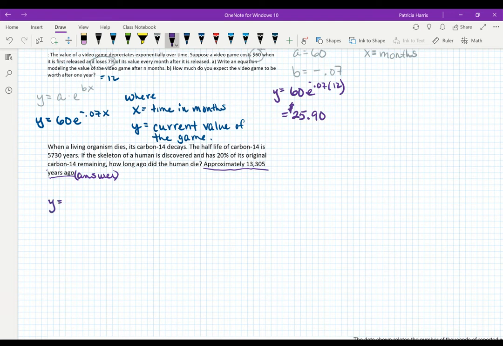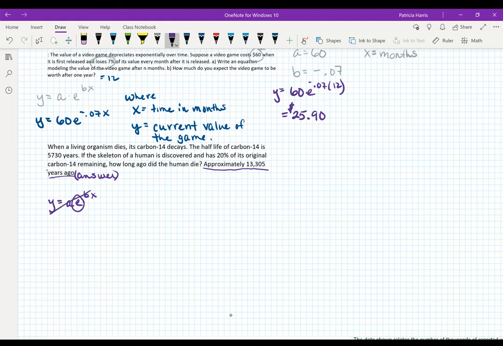So again, we're going to use this. Now our carbon-14 formula is going to be a little different because it's a half-life. I just lost my notes. Instead of using our E, we're going to use a multiplier of 1/2.